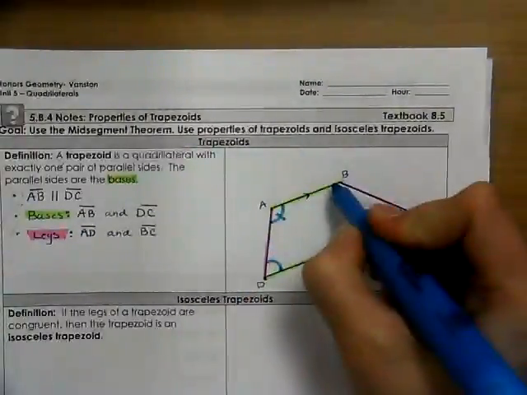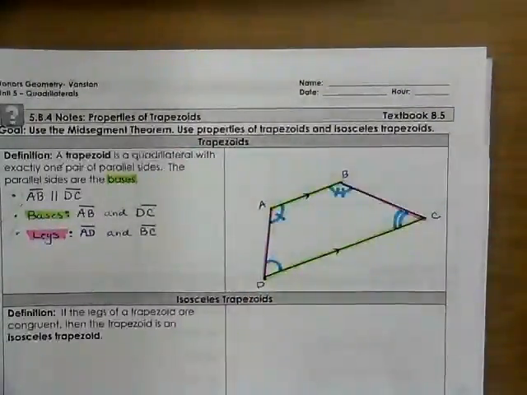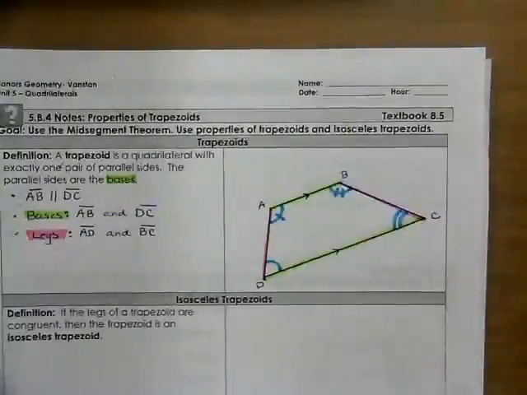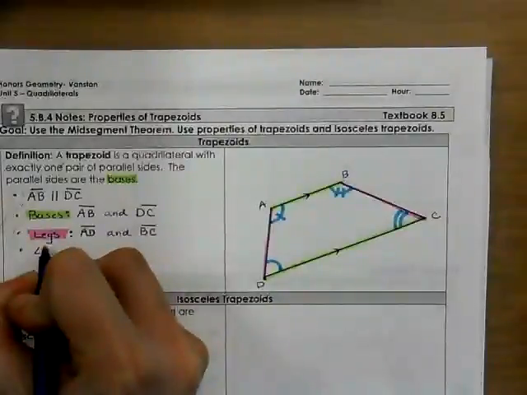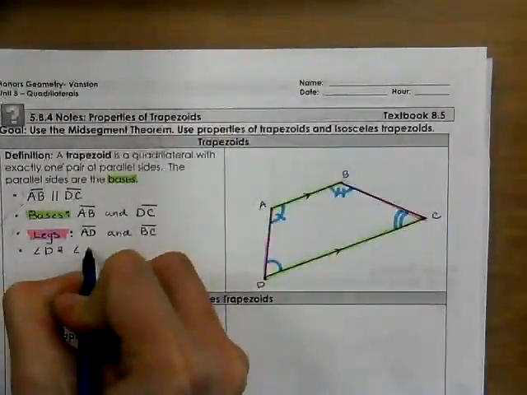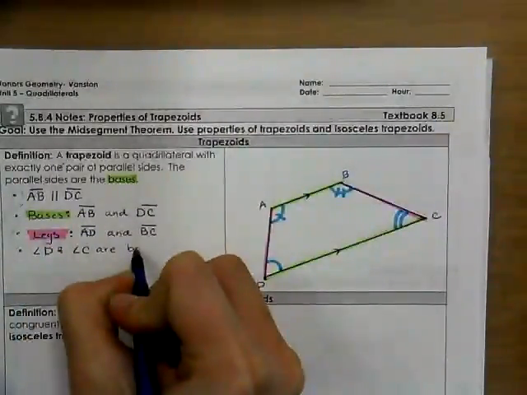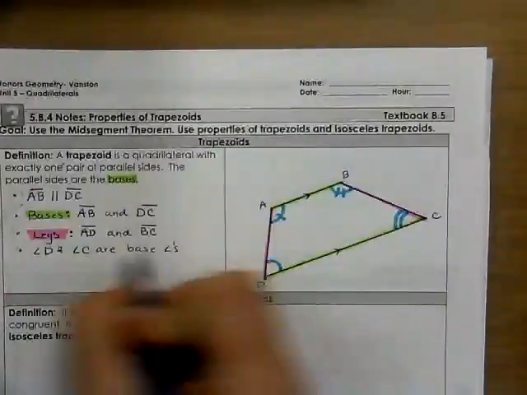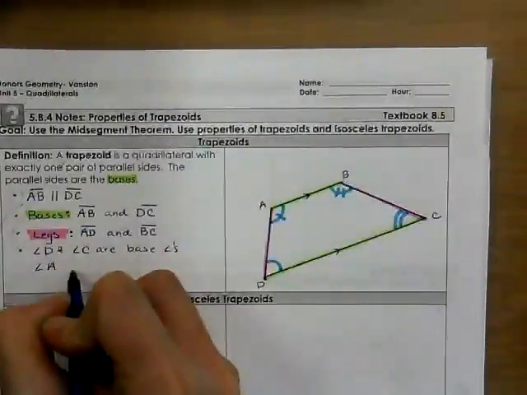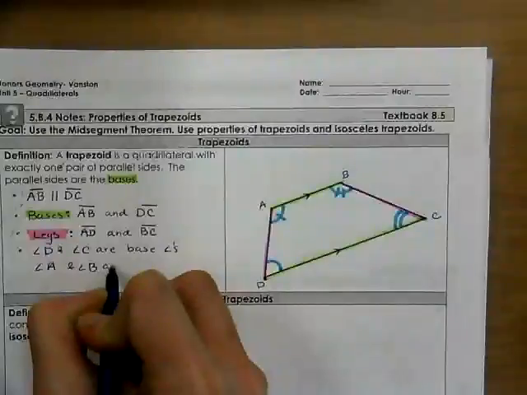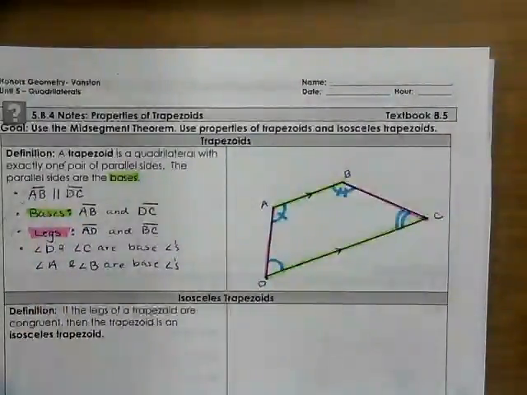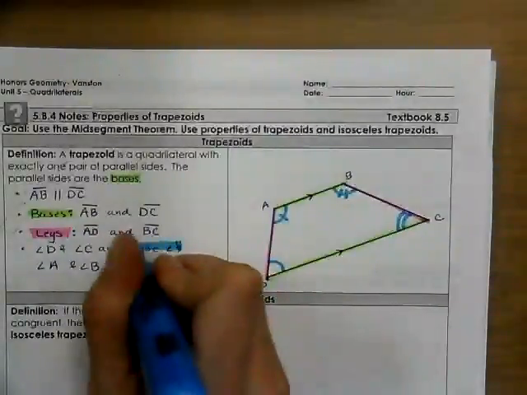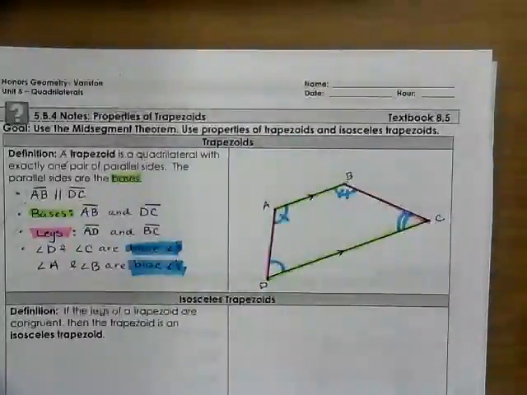And then this angle and that angle are also base angles. I'm not marking any of these congruent right now, but they are called base angles. So angle D and angle C are base angles, and angle A and angle B are base angles. So I'm going to highlight these guys in blue.